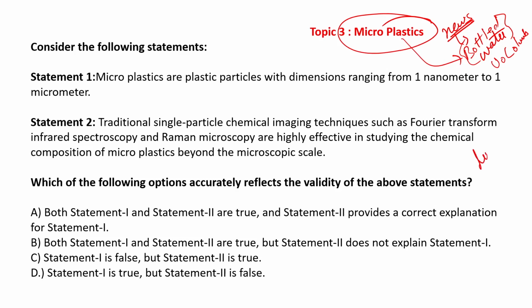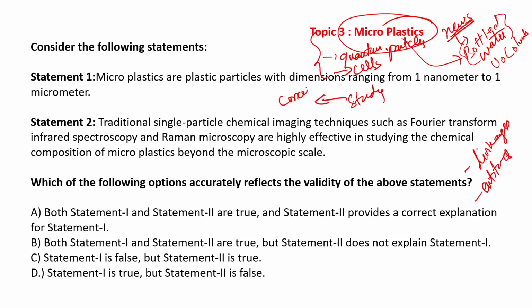So the linkage you see with regards to entities, if we talk about microplastics, similarly it can be quantum particles, or some kind of cells. Similar questions can be asked based on study and linking them to concepts.